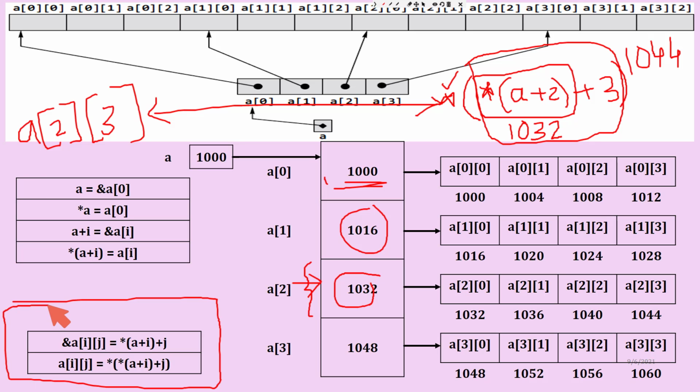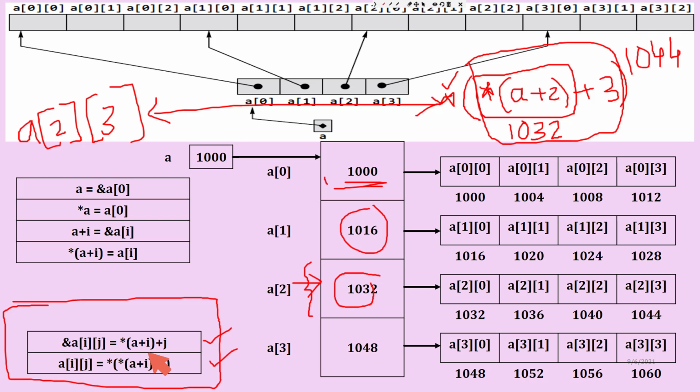Ampersand A of ij is the same as star A plus I plus j, and A of ij is the same as star of star A plus I plus j. Even if you didn't understand this concept, understand these two lines. This is only to show how I derived and proved these two are the same.